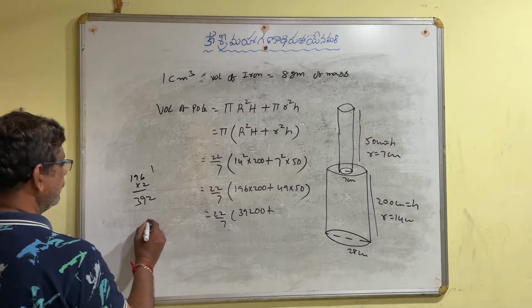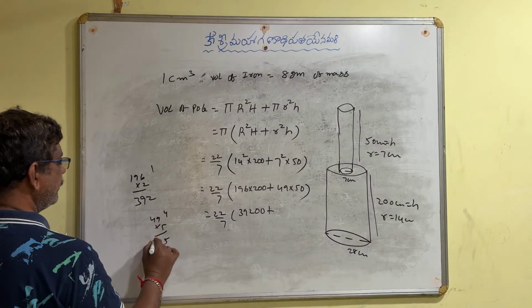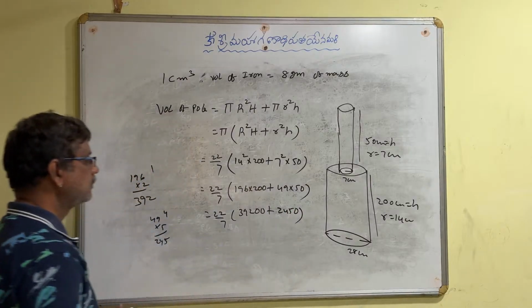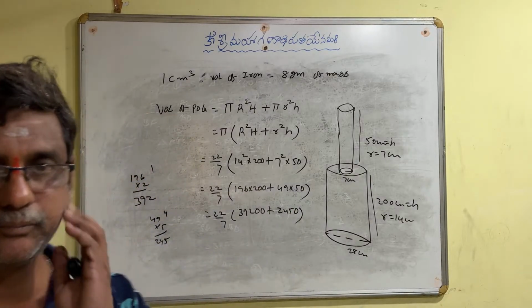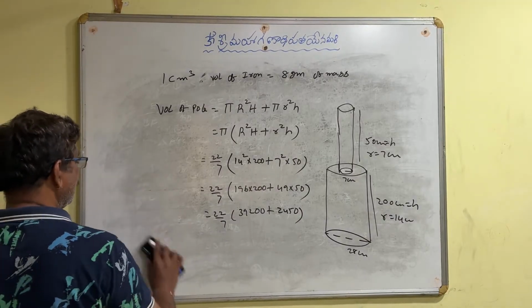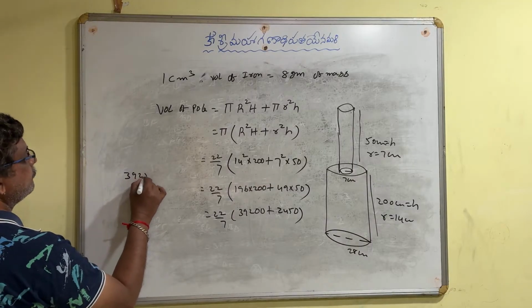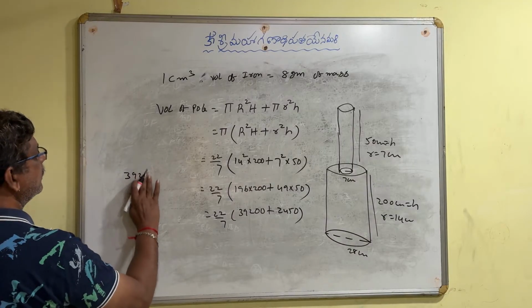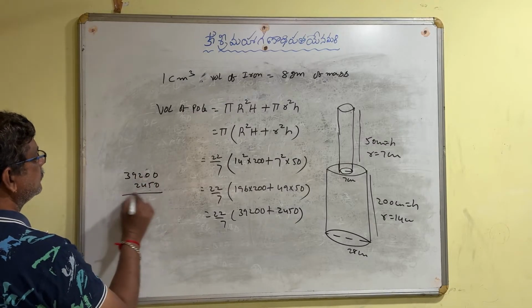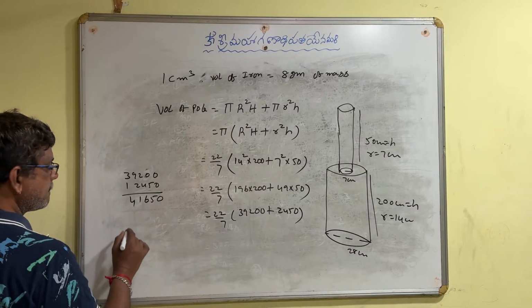49 into 50, 5 9s are 45, 2450. Now, what will be the total? 39200 plus 2450 is 41650.